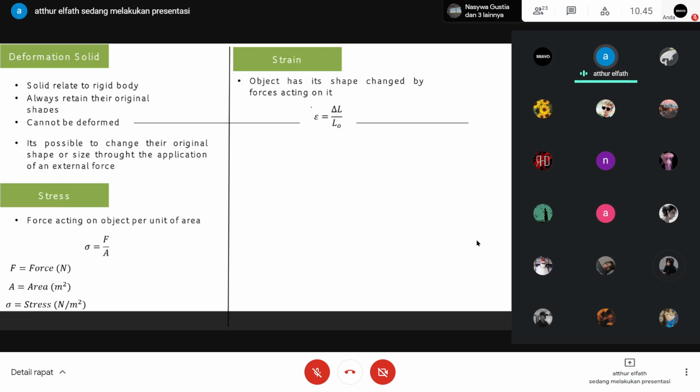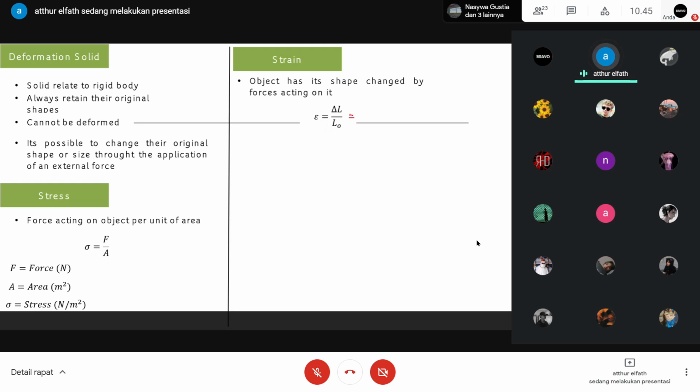So from this formula, we can assume that this strain has no units. Why does this strain have no units?